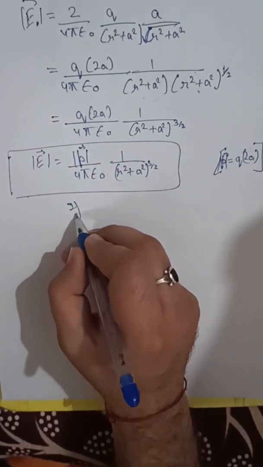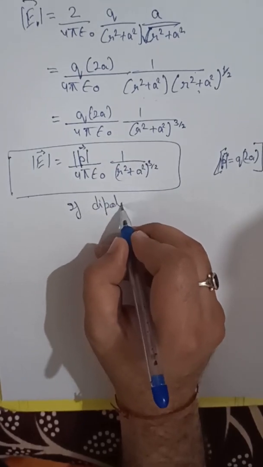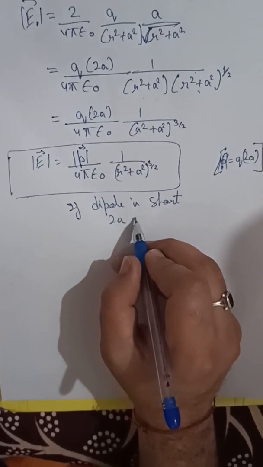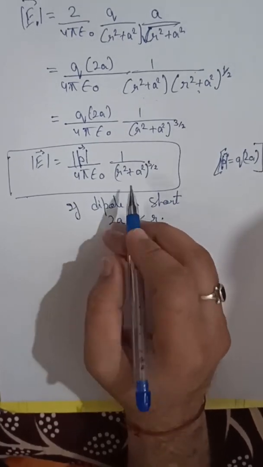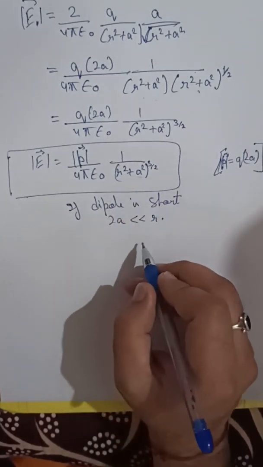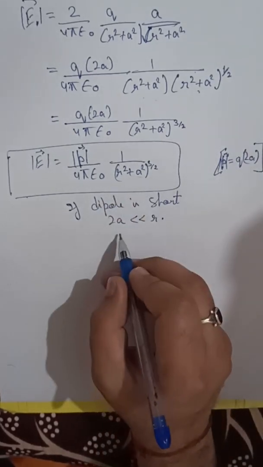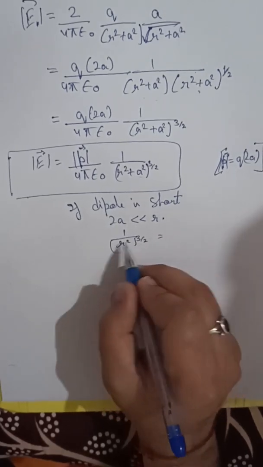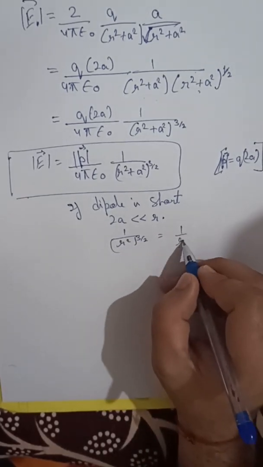But if the dipole is short, that is twice of A is very much less than R, then A square can be neglected. If we neglect A square, then it becomes R square to the power 3 by 2. Multiplying this, we get 1 by R cube.